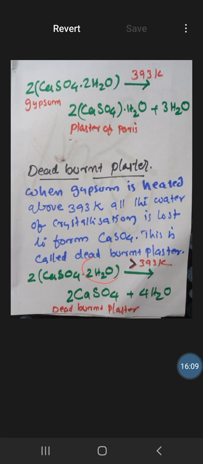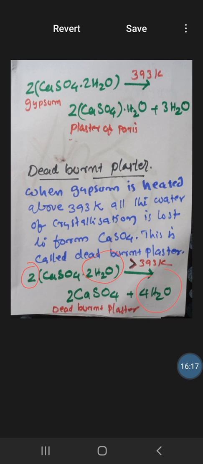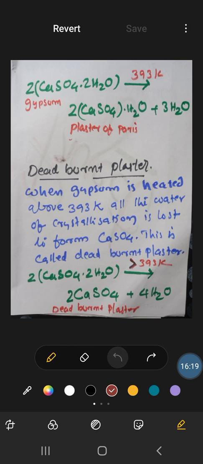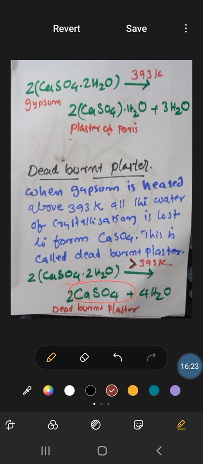So here 2H2O, 2 into 2, 4. Therefore, there are totally 4 H2O molecules. Then all the 4 H2O molecules will be lost to form CaSO4, anhydrous form. This is anhydrous form. Okay, and this is known as dead burned plaster.